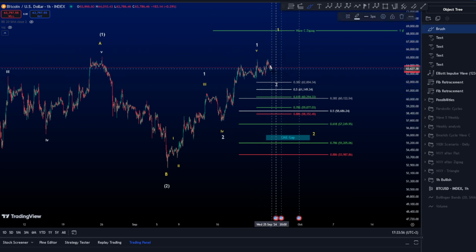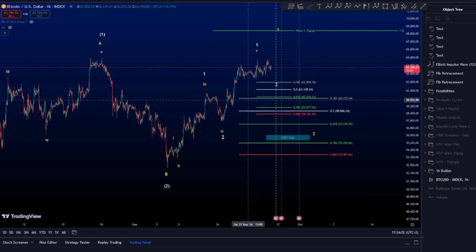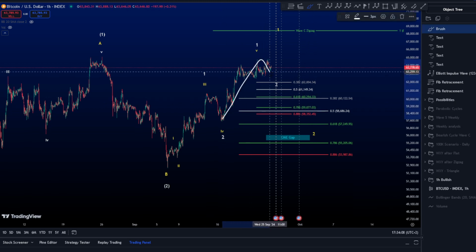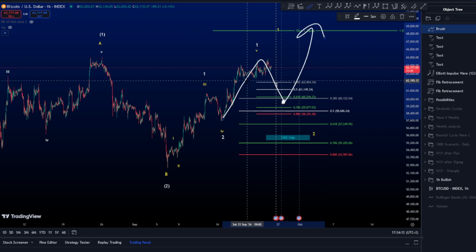So it is preferable to not dive so deep as the green box of this wave 1, where it is between 59,000 and 60,000 exactly, where we can have a wave 1, 2 again, and then move up impulsively and massively towards the upside.